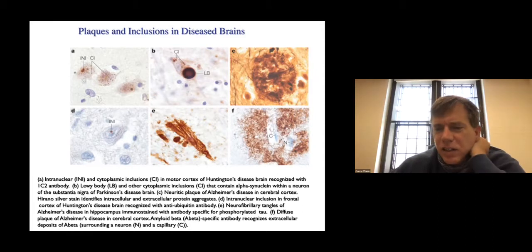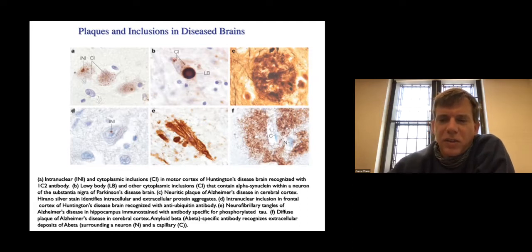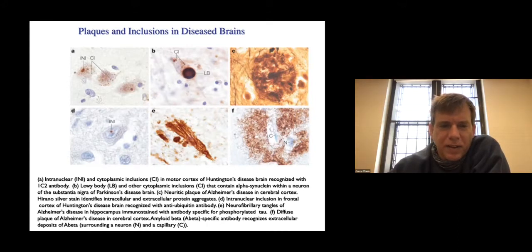An individual alpha-synuclein protein is often disordered and then can form these aggregates. And there are related structures in the synuclein family, beta and gamma synuclein, that also form aggregates.